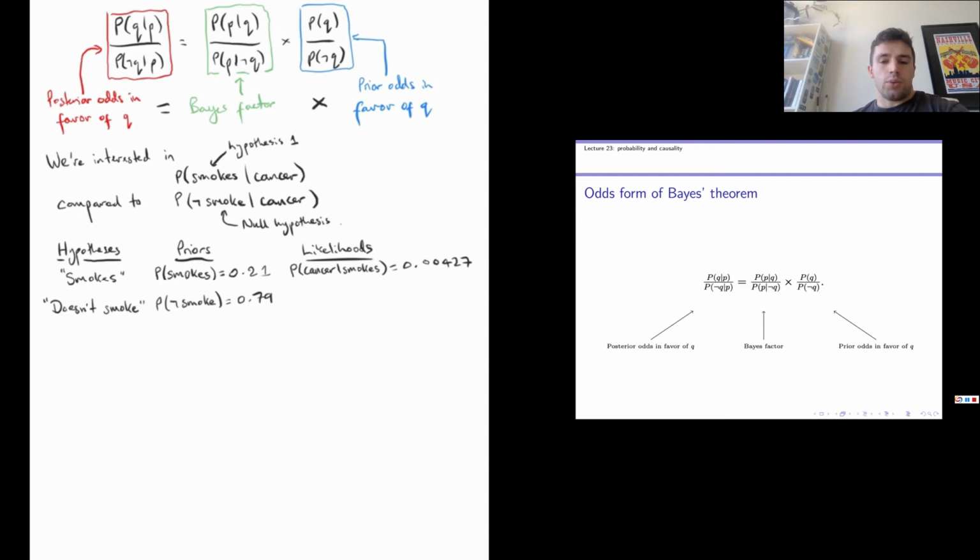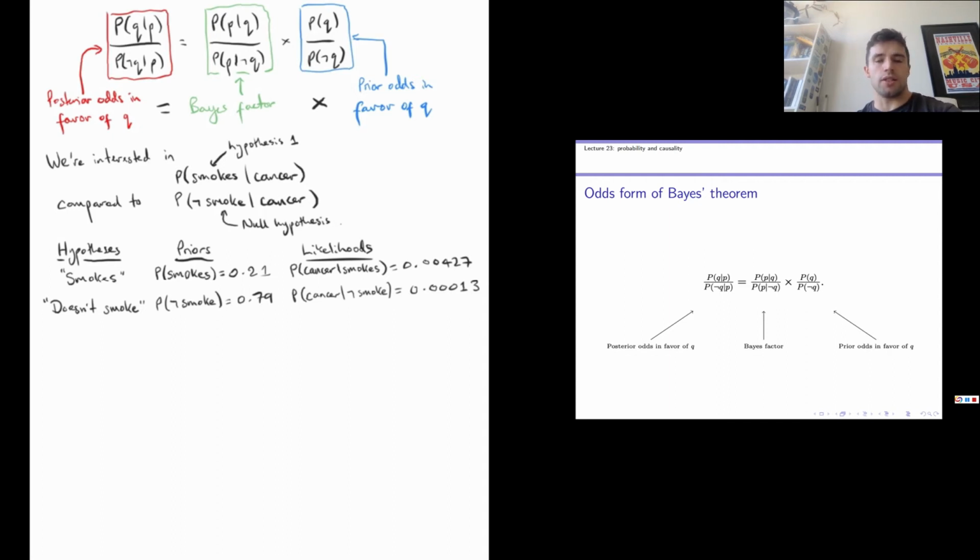The second likelihood we're interested in is the likelihood that one develops lung cancer given the null hypothesis, so the likelihood that one develops lung cancer given that one does not smoke, and according to statistics, the probability that one develops lung cancer given that they don't smoke is around 0.00013.